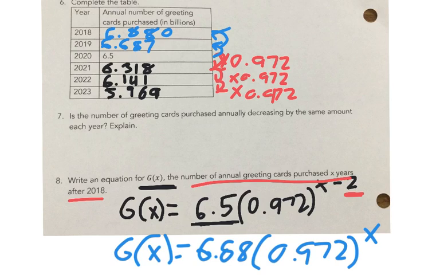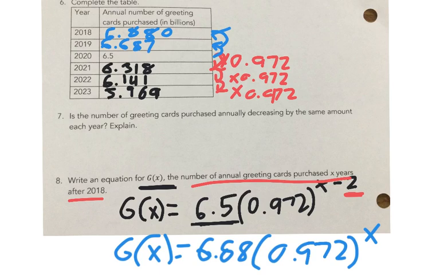I can show you some ways you could manipulate this exponent, but I don't think I want to do that right now. If you know your exponent rules, you could see how you could go from this answer to this answer. Maybe not, that's fine, don't worry about it. I told you that's not the important part right now.